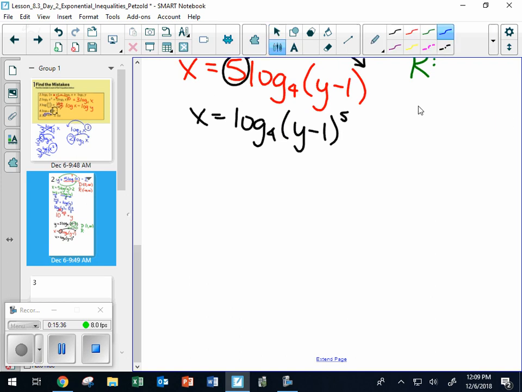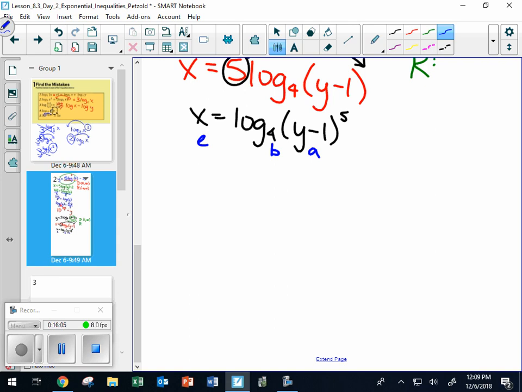So if I want to put this into exponential form, can somebody help me out? Olivier, if we wanted to put this into exponential form. Okay, so here's our log. So if we want exponential form, first we need a base.